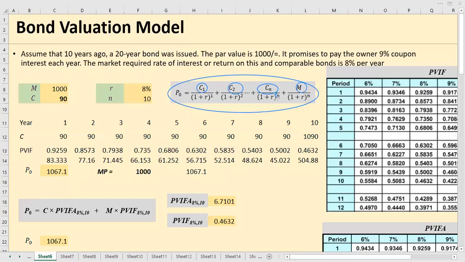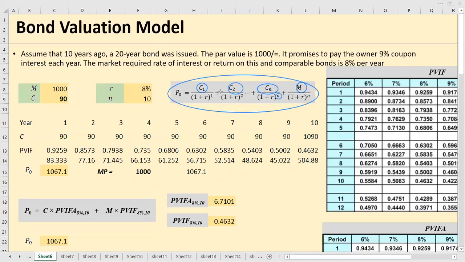Even N is given and well known at the moment of investment, because when you are going to invest in a bond, you exactly know what the interest rate is, what the maturity period of that bond is, what the coupon rate is, how the coupon is paid, whether it is semi-annual or annual, and what the maturity value is, that means the face value. So that information is already available.